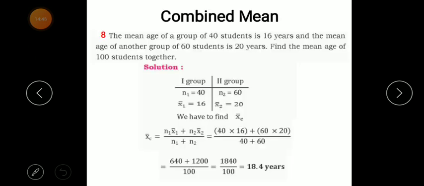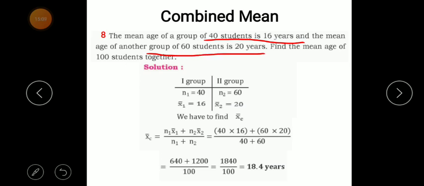So let us solve one problem. The mean age of a group of 40 students is 16 years. See here, the average of 40 students is given and it is found to be 16 years on an average. So these might be PUC students. And the mean age of another group of 60 students is 20 years.